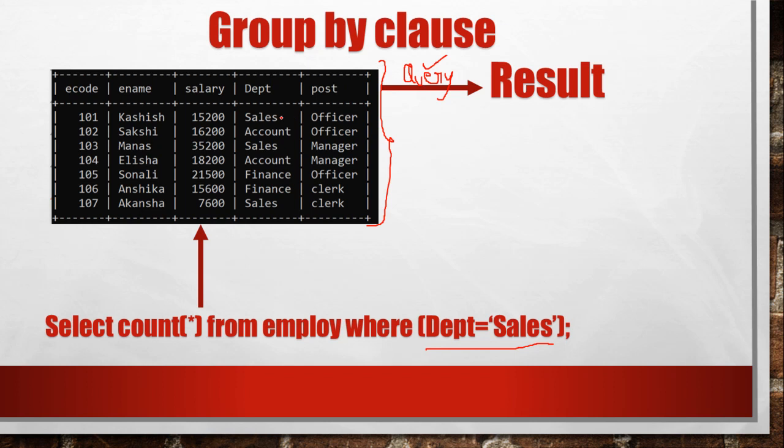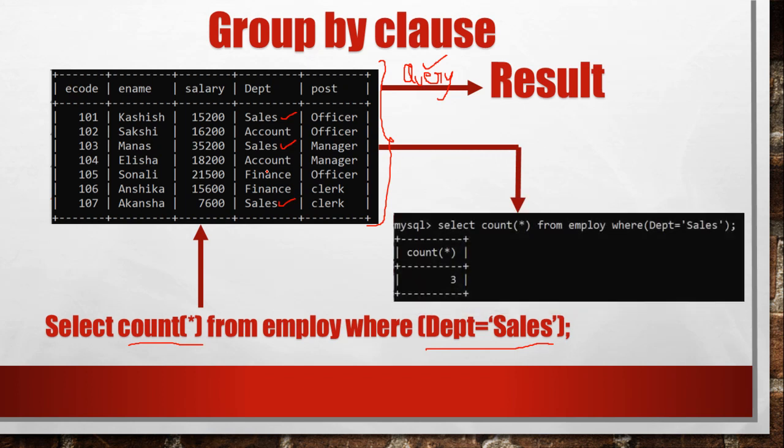It selects this record, then this record, and then this record. Why these three records? Because in these three records the value of department is sales. Once it has acquired these three records, it will do the count star, which is 3. So when this query is applied on this table, we get the result as 3. Till now we have studied this pattern.